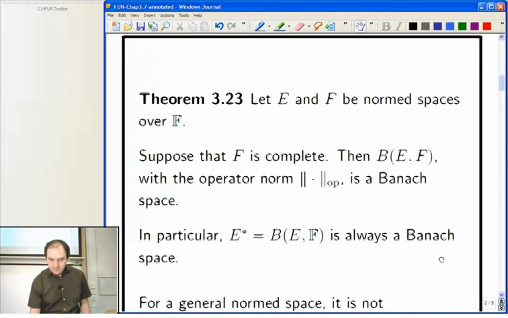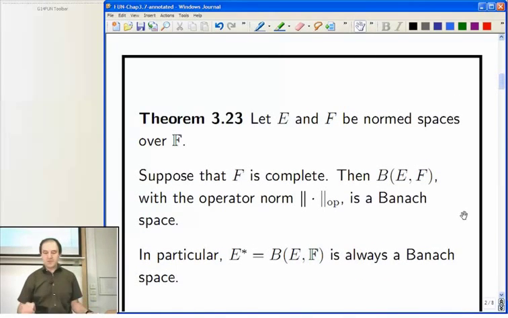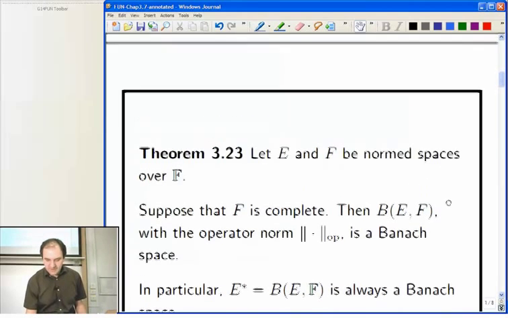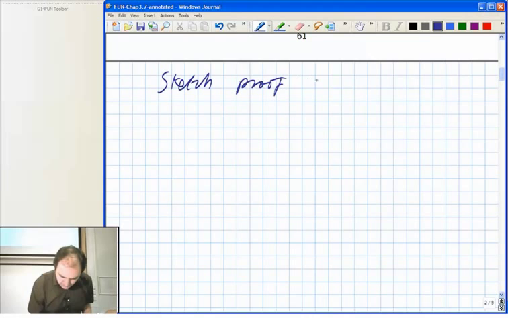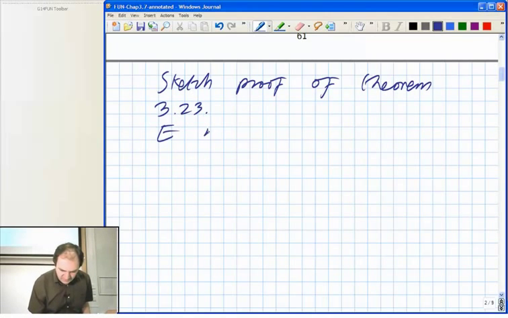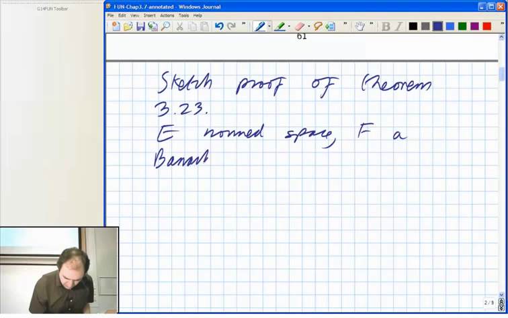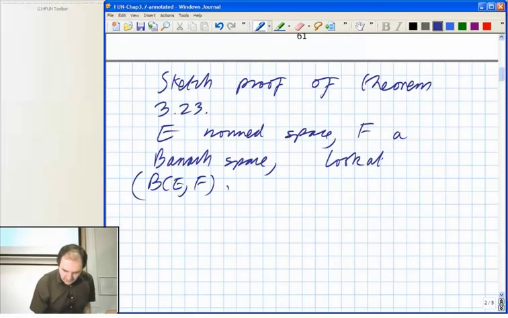So let me sketch a proof of that, but not do it in full. Okay, so I want to sketch the proof of theorem 3.23, which I'll put here. So E is a norm space, F is a Banach space, and you'll be looking at the bounded operators from E into F with operator norm.